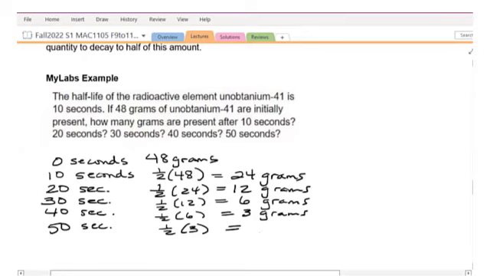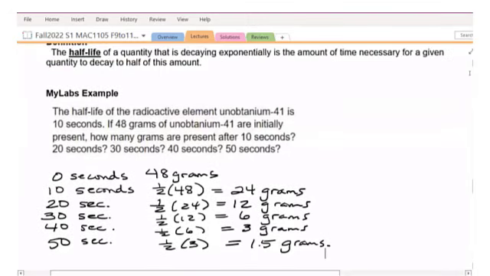What's half of 3? Yeah, 1.5 grams. So that looks like a really scary question, but in fact, they're just making sure you understand the definition of half-life: the amount of time it takes for it to lose half of its quantity.